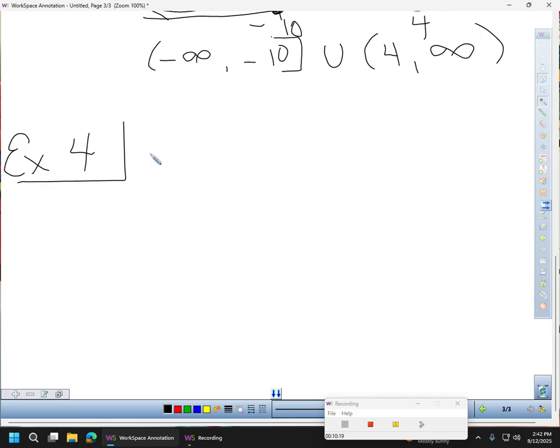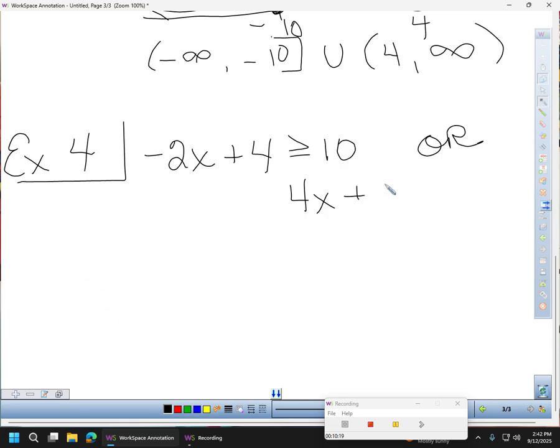Let's say I have negative 2x plus 4 is greater than or equal to 10. Or I have 4x plus 1 is greater than or equal to, how about 24?